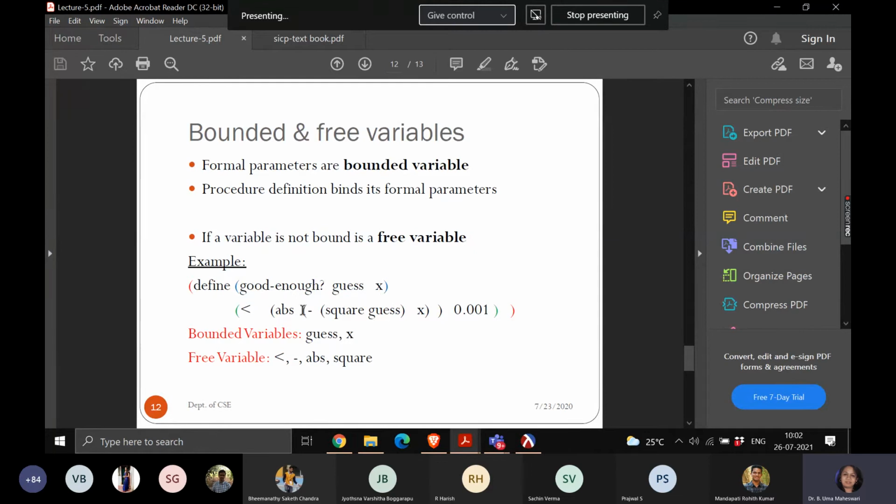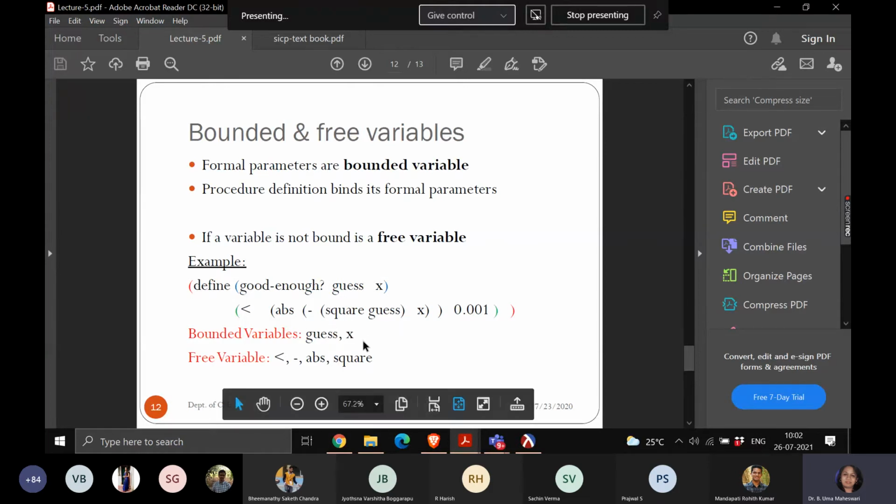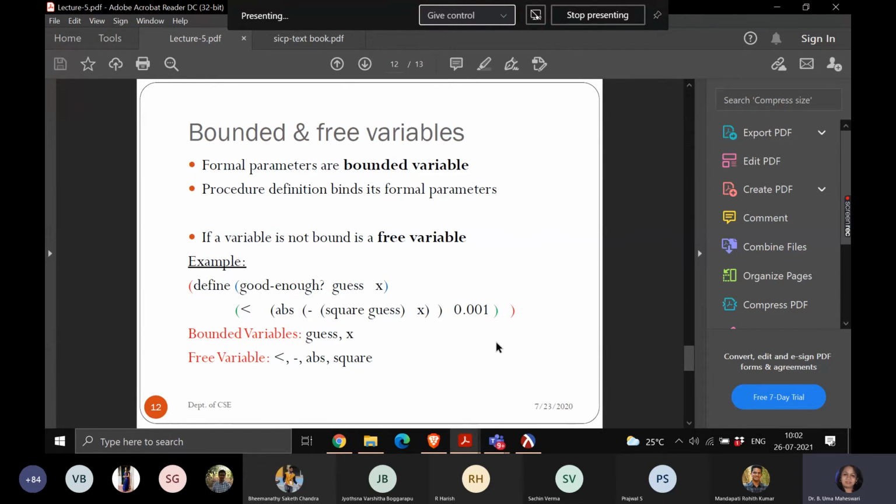If you look at the logic inside, it is less than, absolute, minus, square x, guess, something like this, right? Now which variable is called a bounded variable, and which a free variable? Can you extract the logic of when a particular variable is called a bounded variable?